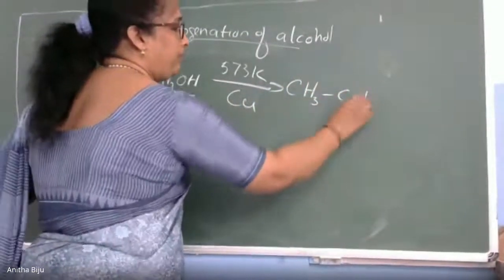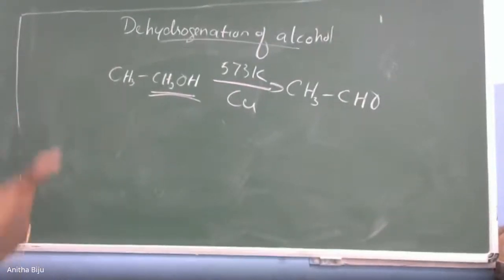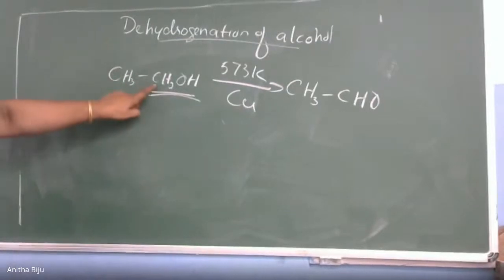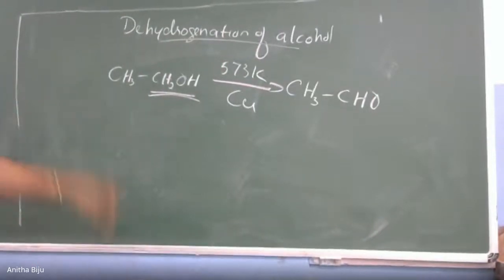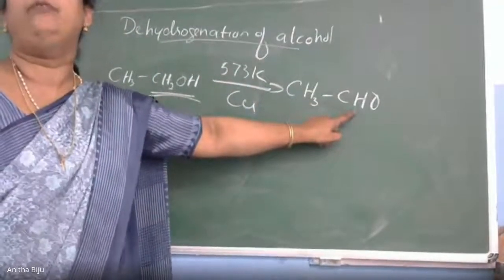See that. Now, why is it called dehydrogenation? What is hydrogenation? Hydrogenation means addition of hydrogen. So dehydrogenation means, in this case, look at the functional group CH2OH. Total how many hydrogen atoms are there? 3 hydrogen atoms. Look at the product. How many hydrogen atoms are there in the functional group?